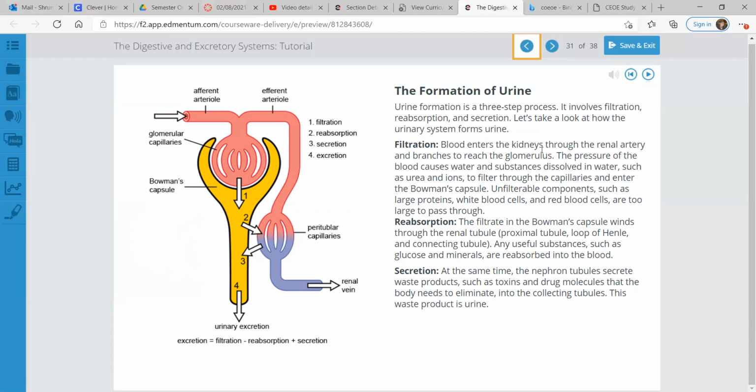At the same time, the nephron tubules secrete waste products, such as toxins and drug molecules that the body needs to eliminate into the collecting tubules. And this waste product is urine. You can see 1, 2, 3, 4: filtration, reabsorption, secretion, and then finally excretion.